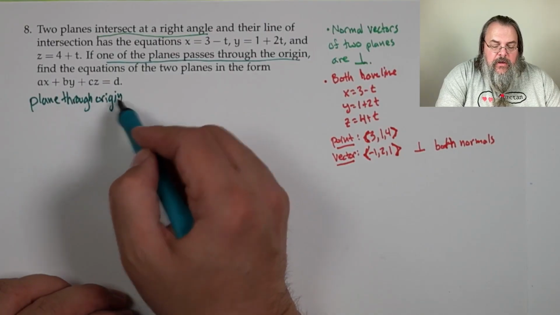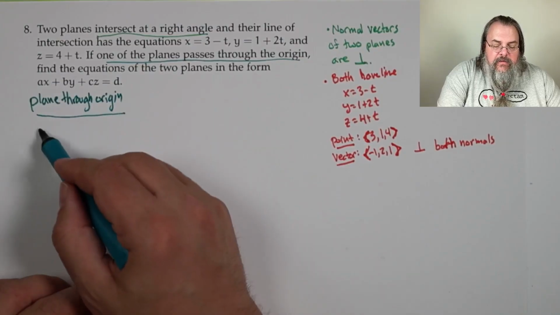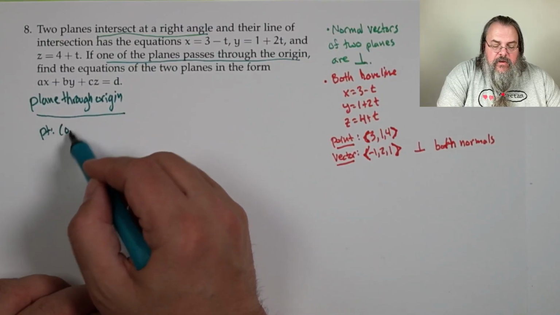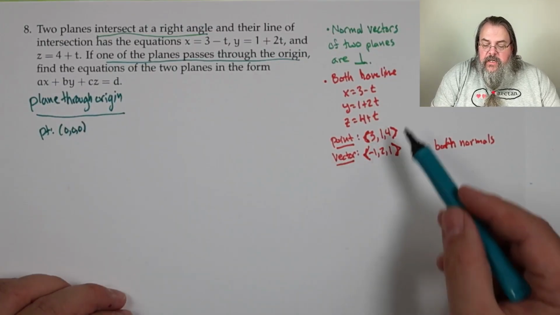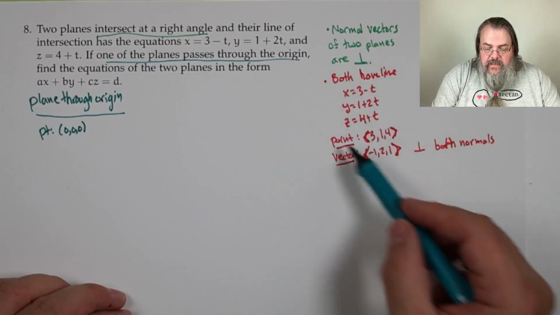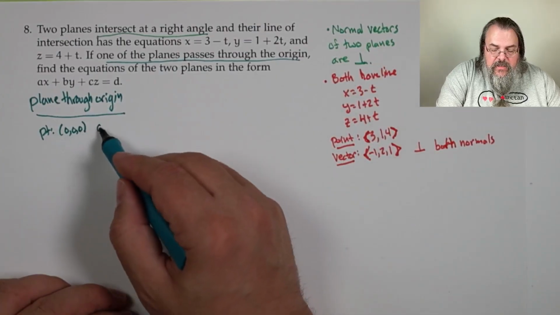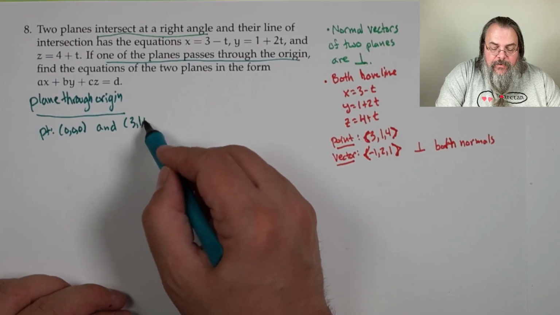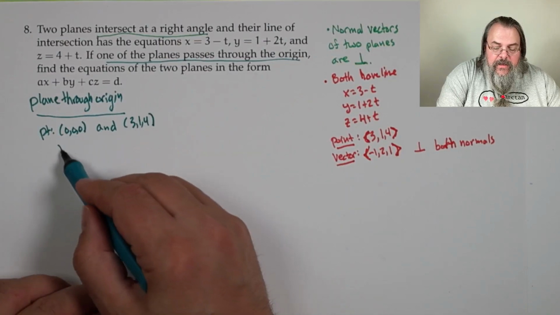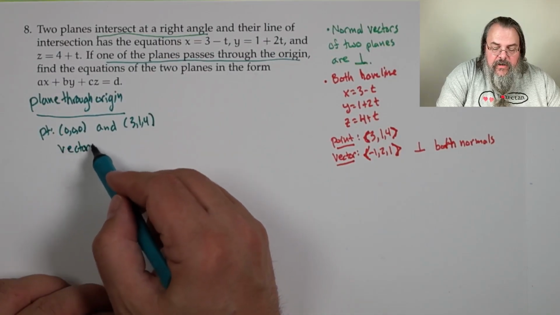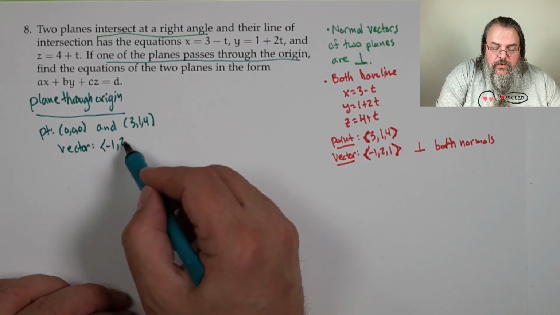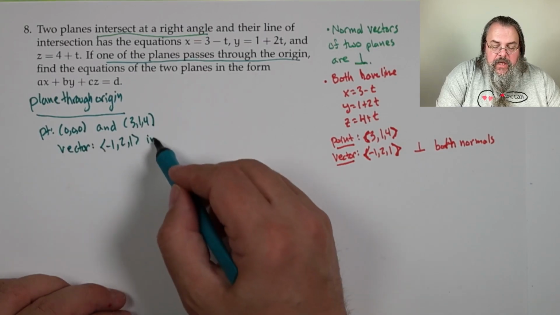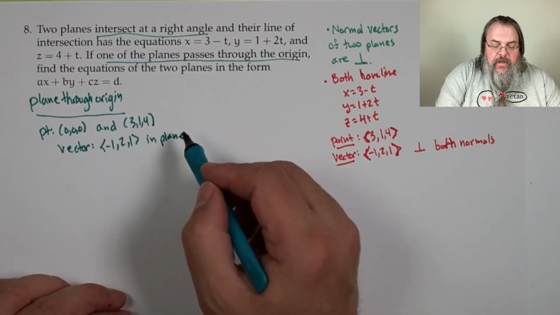Well, we know it has the point (0, 0, 0), but it has this line, so it also has the point (3, 1, 4), and there's a vector (-1, 2, 1) that's in the plane. That's the direction vector of the line.